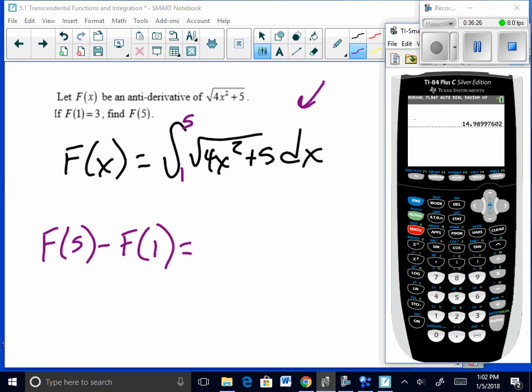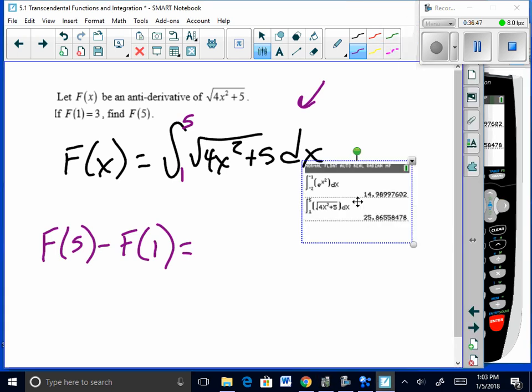So again, you go math, number 9, type in the limits first, and then the root. On yours, you do the lower first, and then the upper. Okay, so then I get 25.8655.